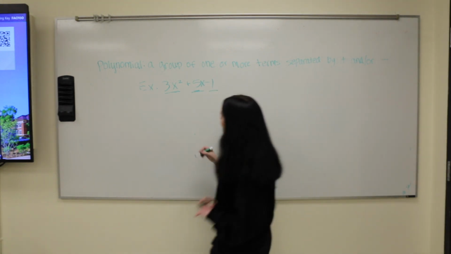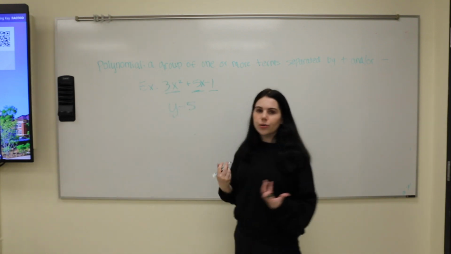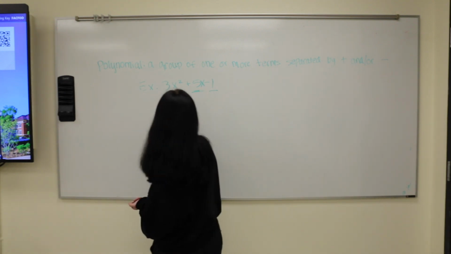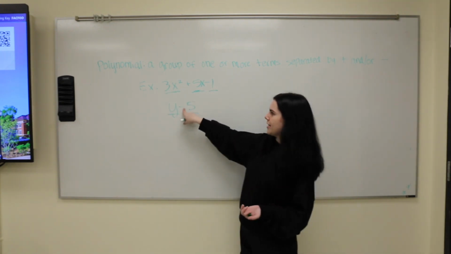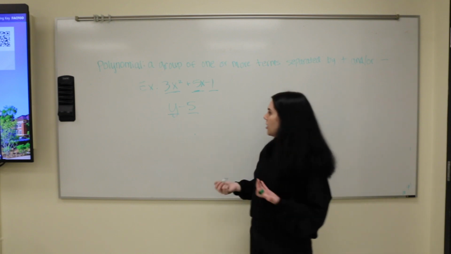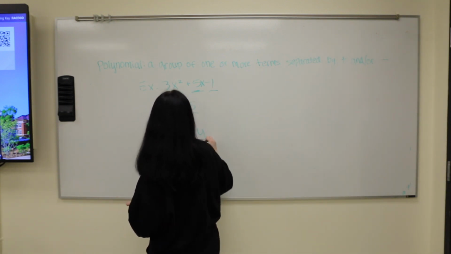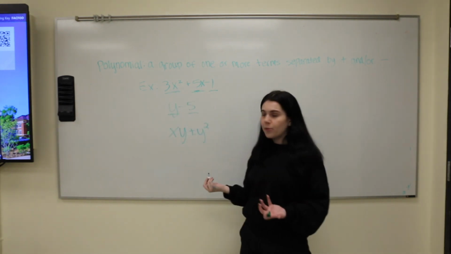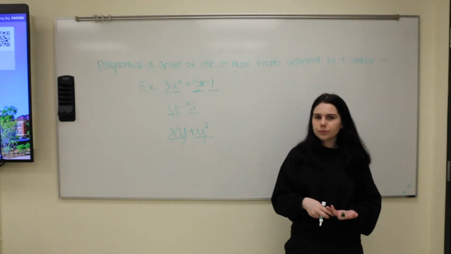Another example of a polynomial would be y minus 5. So here we have a group of 2 terms, y and 5, and they're separated by subtraction. Another example of a polynomial would be xy plus y squared. Again, we have 2 terms, and they're separated by addition.